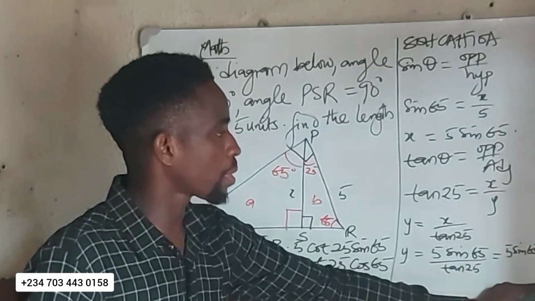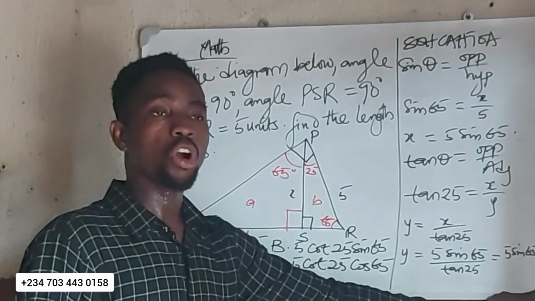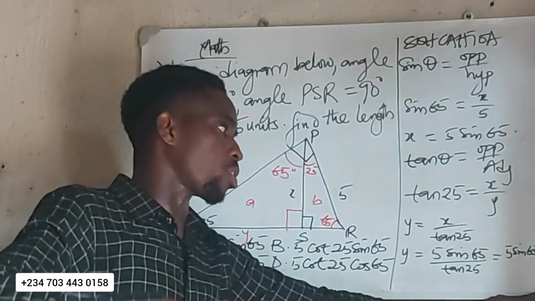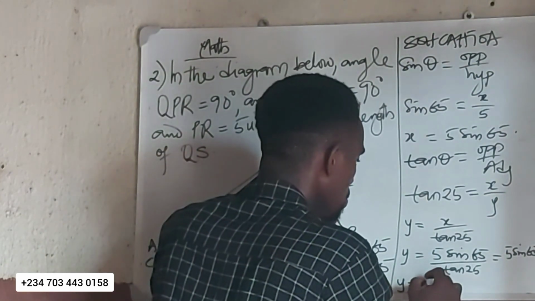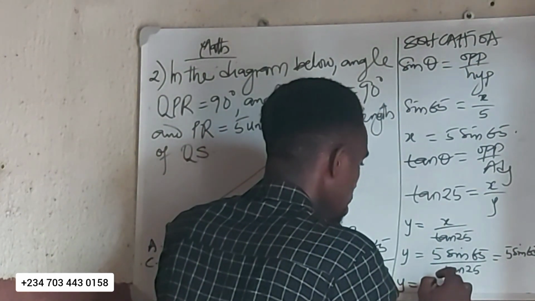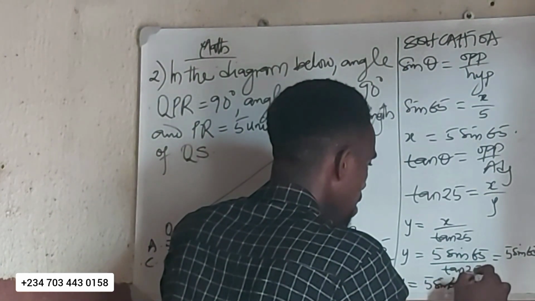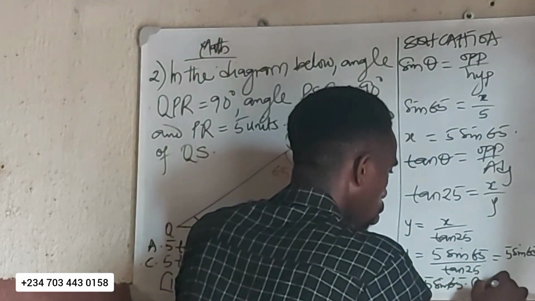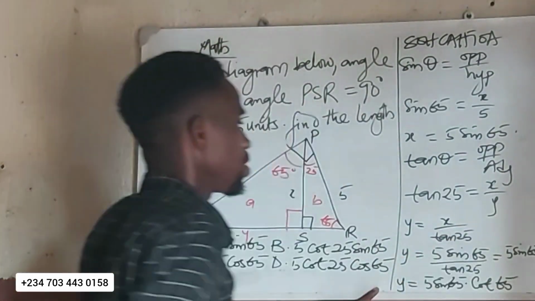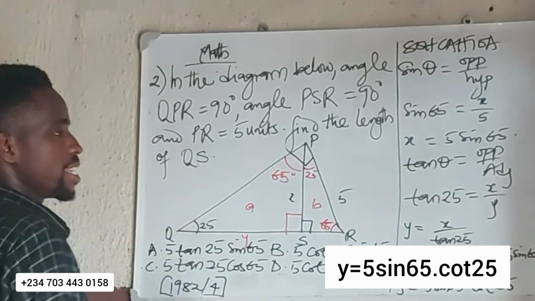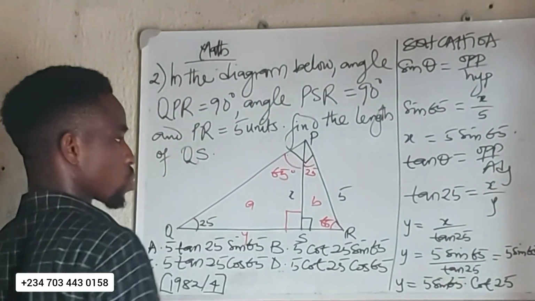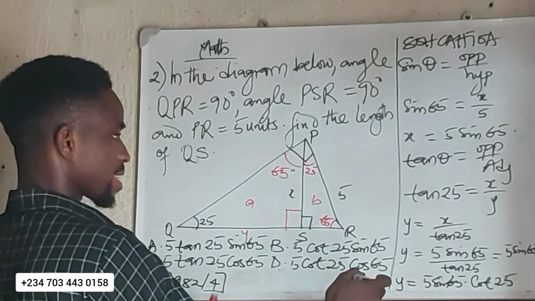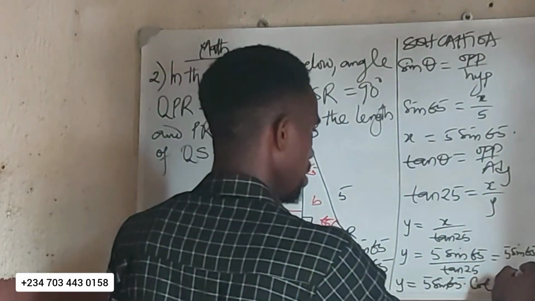And 1 upon tan 25 is called cot. That is, the inverse of tan is cot. So y is equal to 5 sine 65 cot 25. So our answer is B.